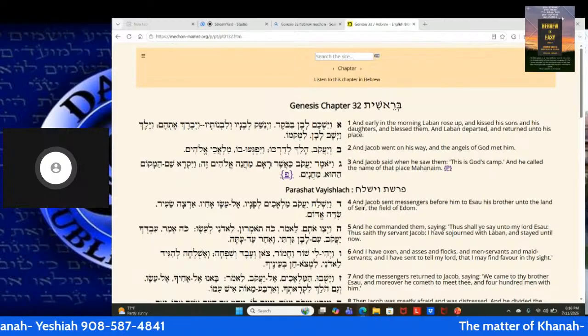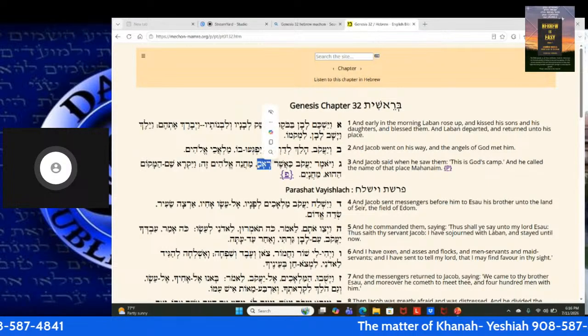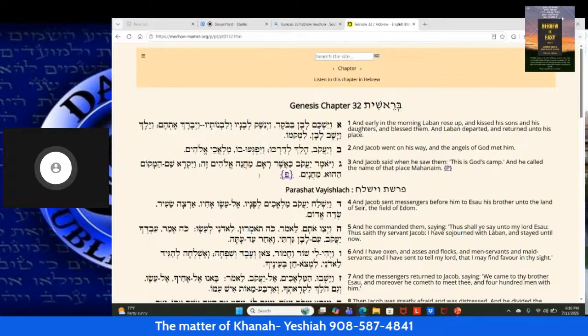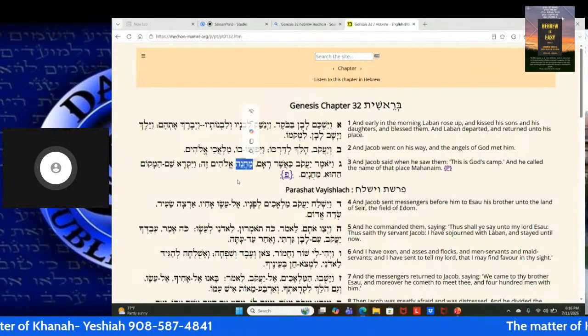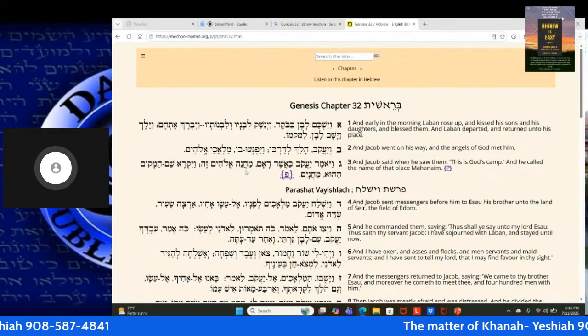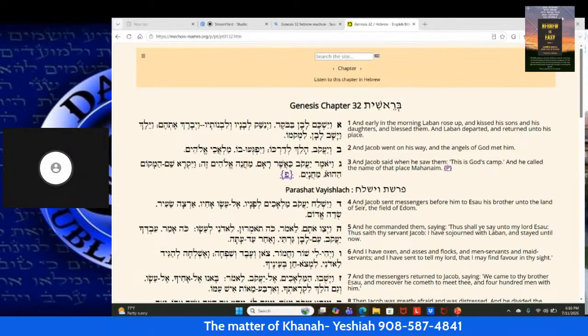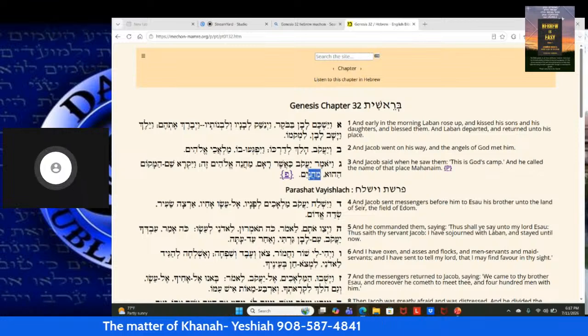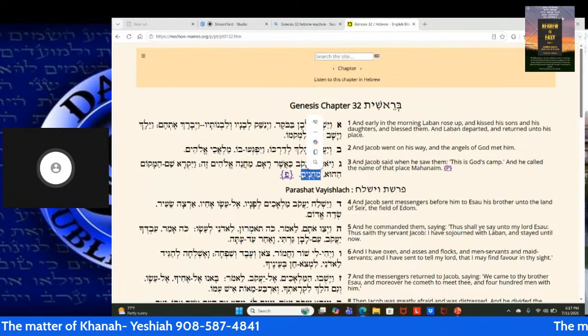So when you're reading this and you just see ra'am, in this case it means he saw them. Machane Elohim zeh, this is the camp of God. Vayikra shem hamakom hahu Machanayim. The word again, Machanayim, means two camps.